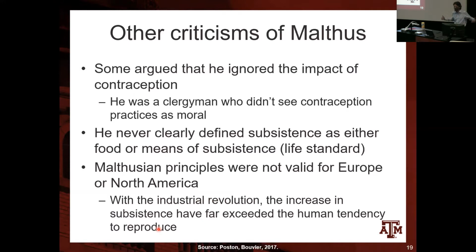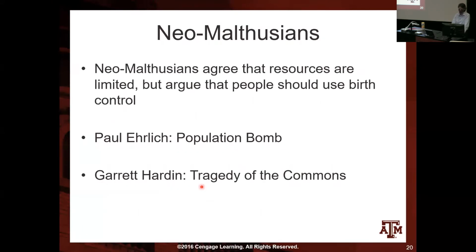Now we have much more control over technology, and we can produce much more food and provide shelter and other means of subsistence than he predicted, right? And that's really clear in Western Europe and North America. But even with all these criticisms, his theory is still being used and influencing a lot of researchers.